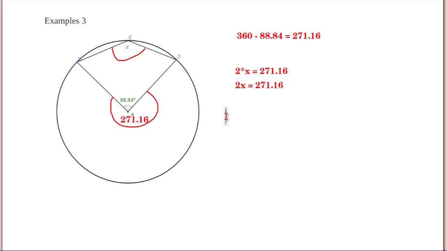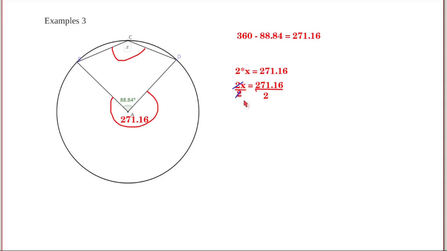Let's do the necessary stuff here. Let's divide both sides by 2 to isolate the x. Divide by 2, divide by 2. If we divide by 2 there, these 2s will be cancelled out.